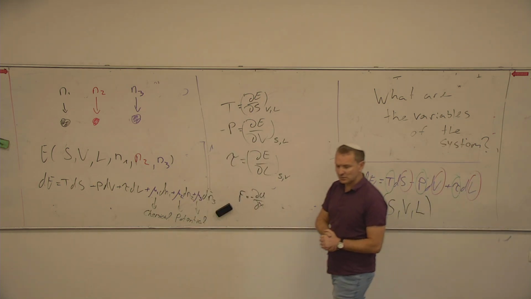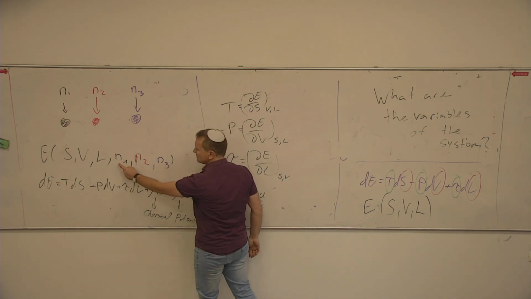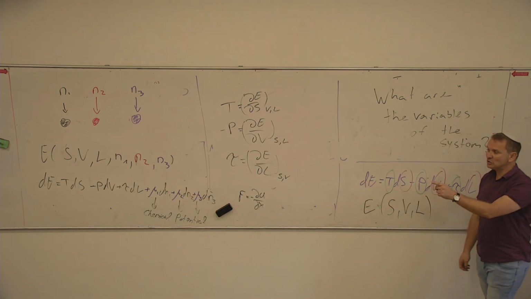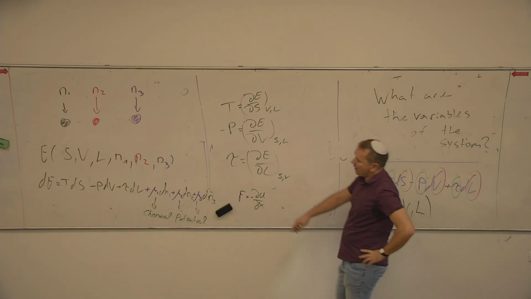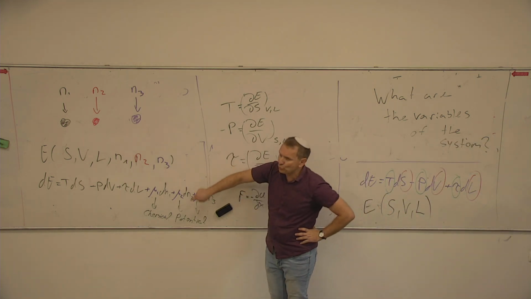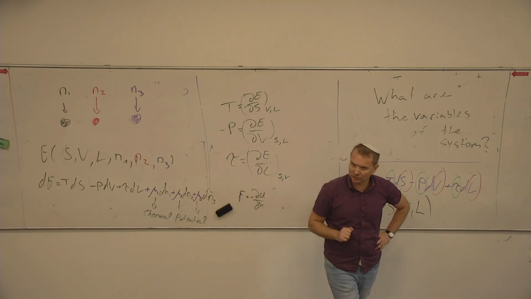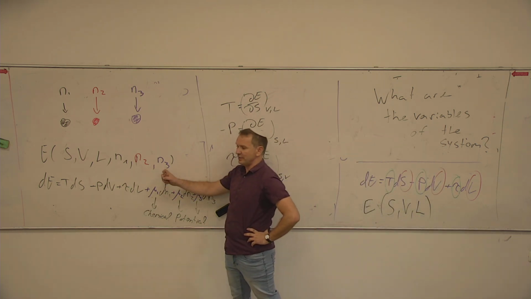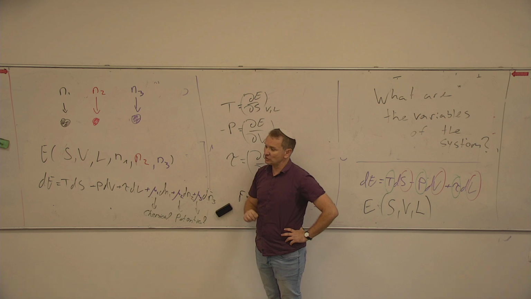In some sense, yes. So it depends on how many molecules of this type, etc. Now, the answer to your question is, what exactly are mu1, mu2 and mu3? And that's important. In general, mu1 can depend on N2 and N3, and then the interactions are included.